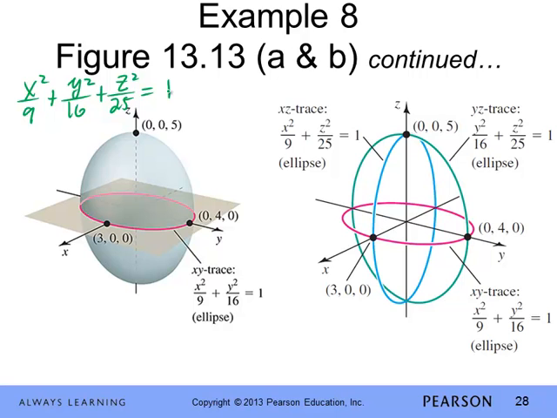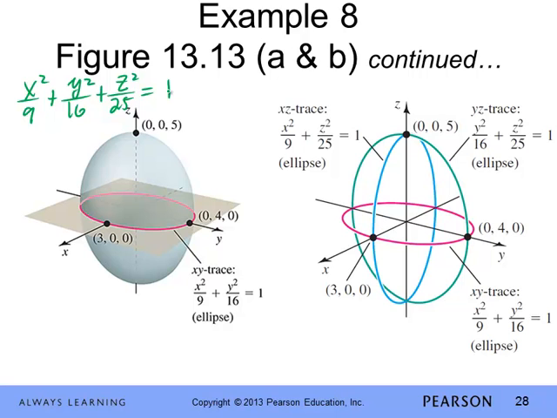All right. Now, traces. Set z equal to 0. When you set z equal to 0, then you have the ellipse x squared over 9 plus y squared over 16 equals 1. And that's this one right here. And likewise, you can find the trace in the YZ plane by setting x equal to 0.